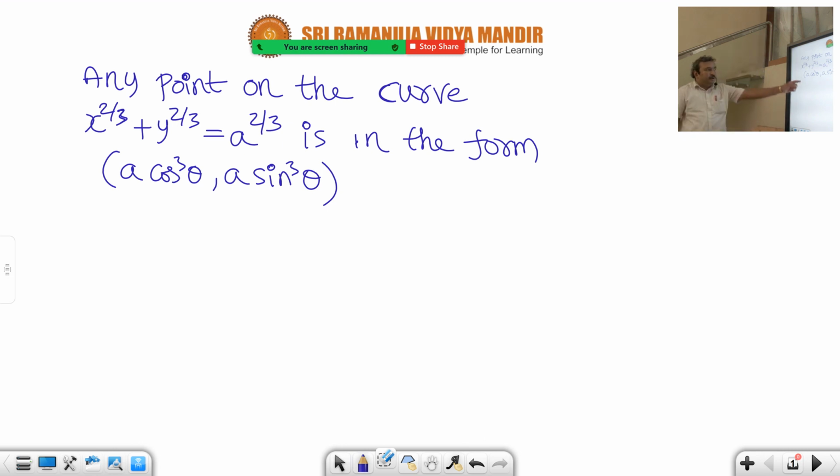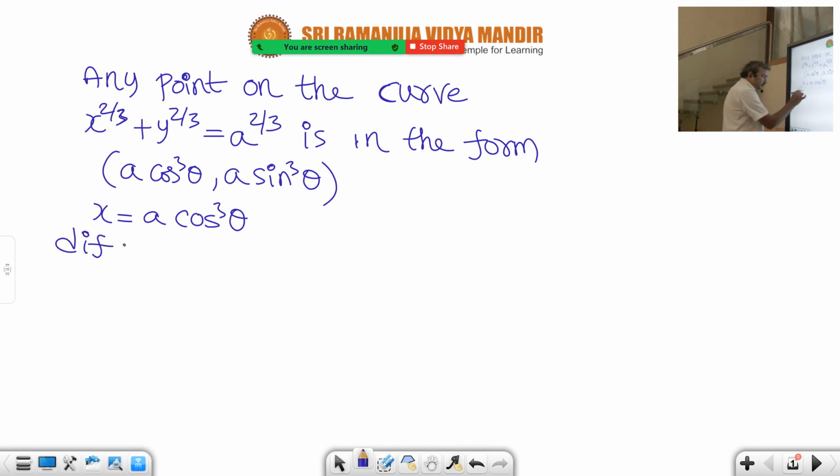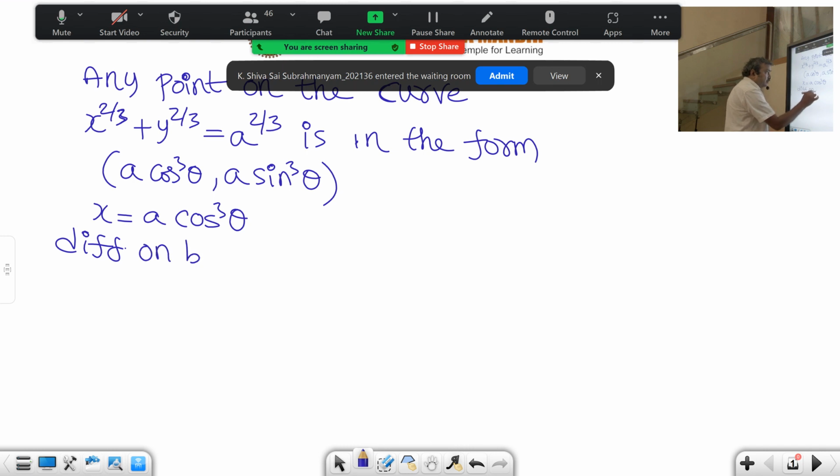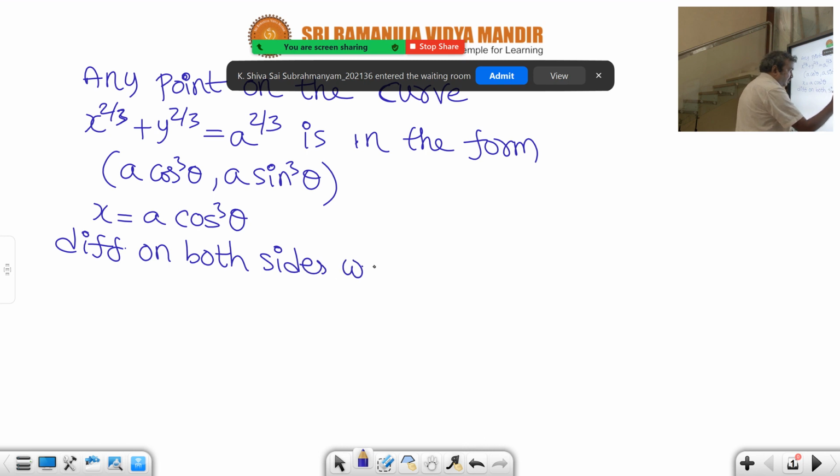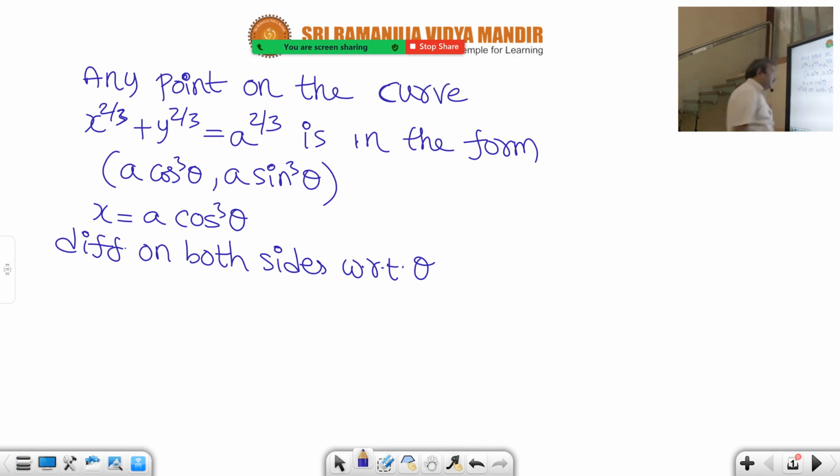Now any point on this, and moving to the sum. So take x is equal to a cos cube theta. Now differentiating on both sides with respect to theta.